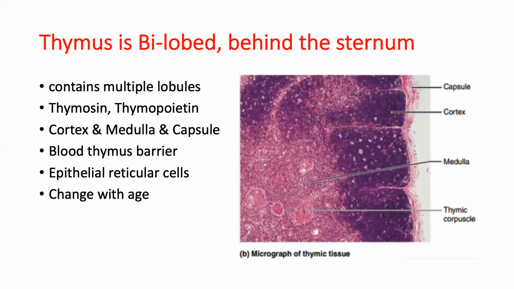Let's look at the thymus gland. Thymus gland is bilobed. It is behind the sternum. It contains multiple lobules, the same as our lymph node. It has got outer cortex and inner medulla with surrounding capsule.